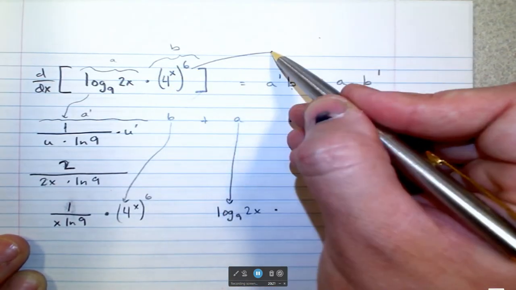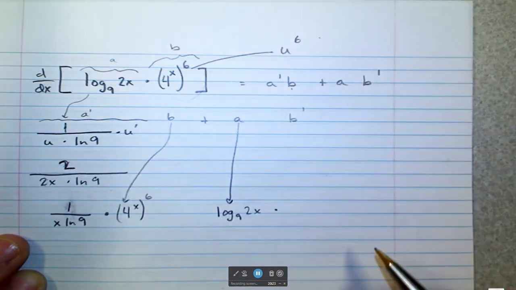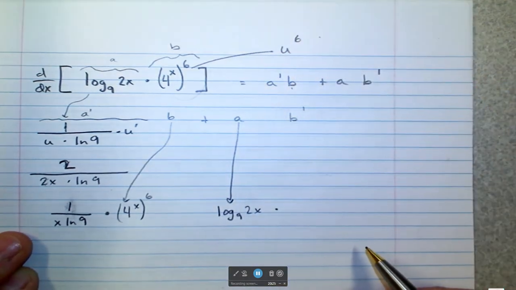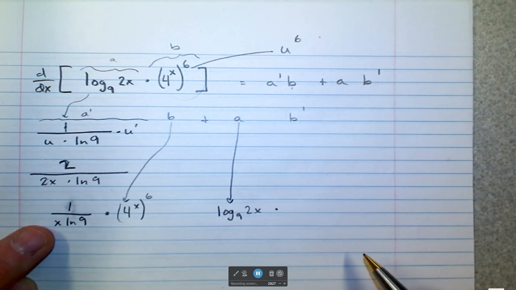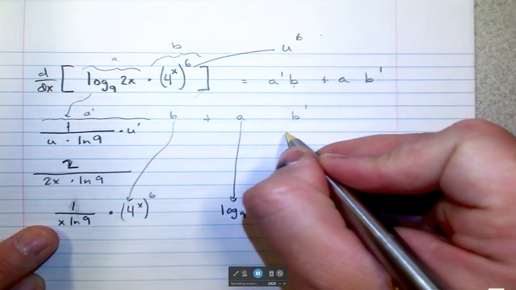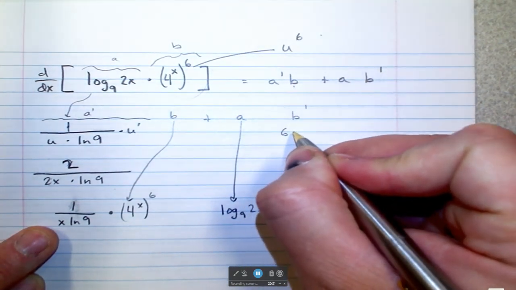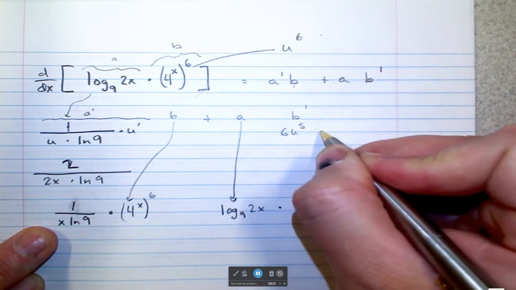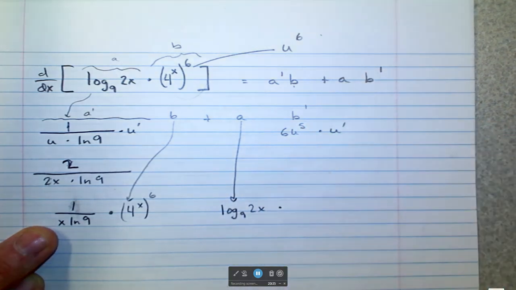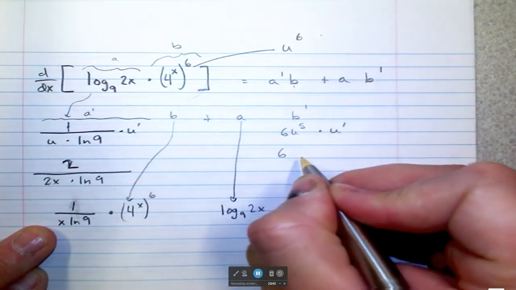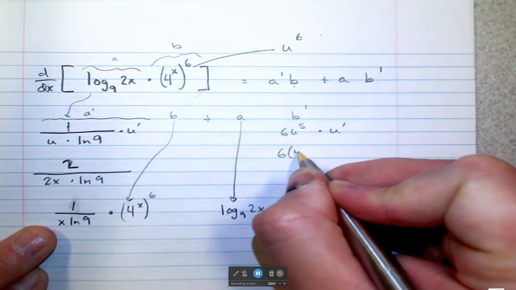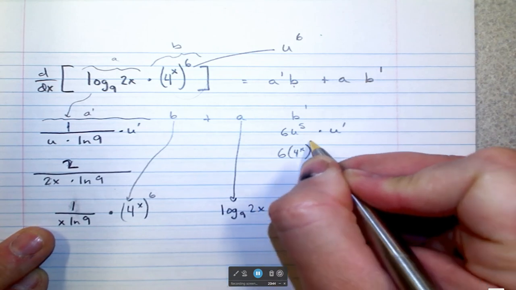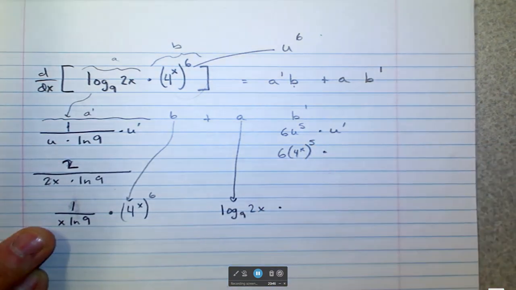So b prime, again, we have to look at this like u to the 6th. What is the derivative of u to the 6th? It would be 6u to the 5th times u prime.